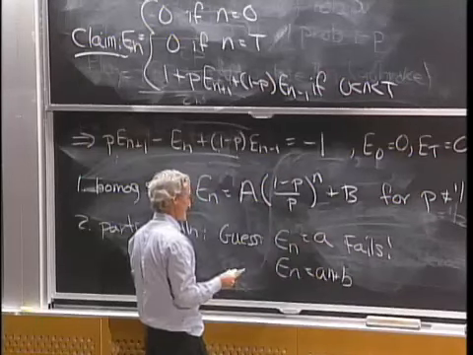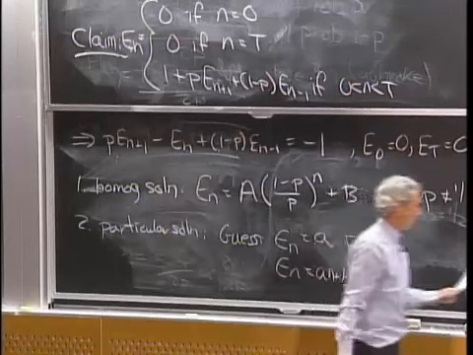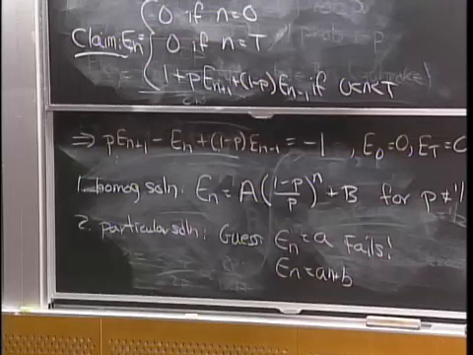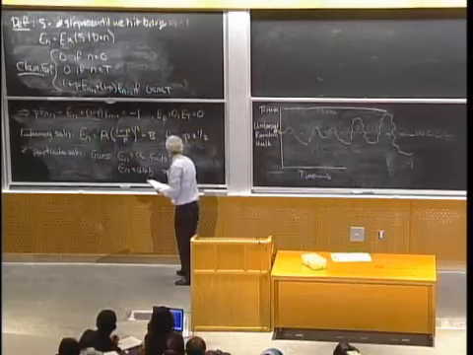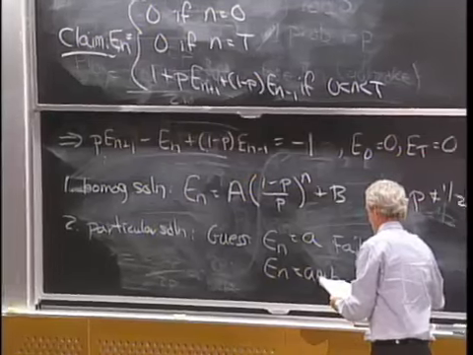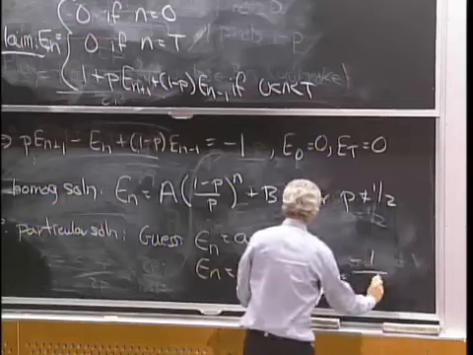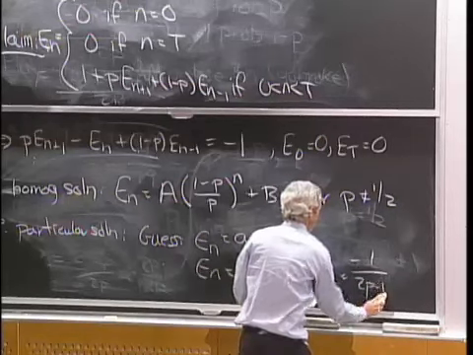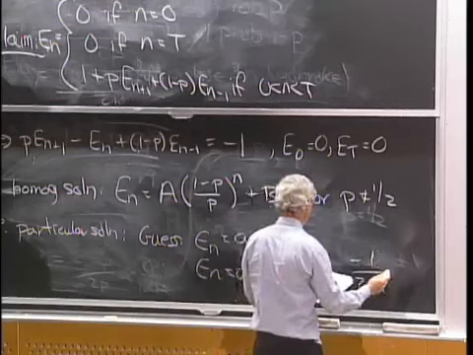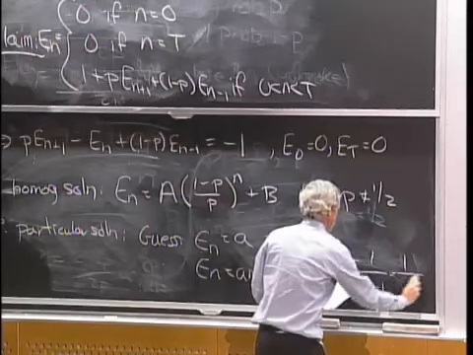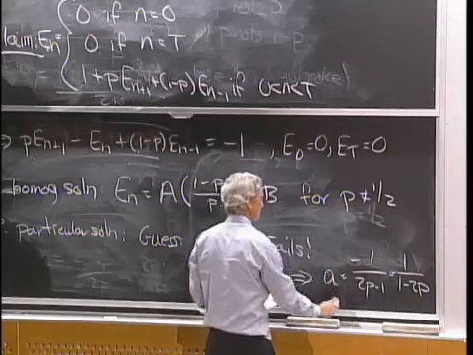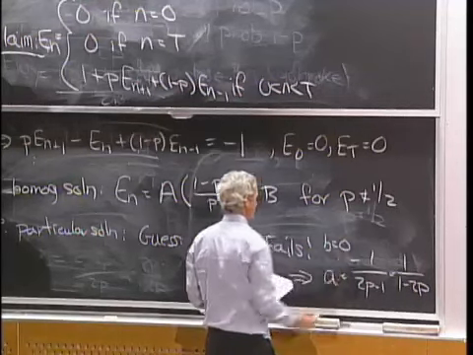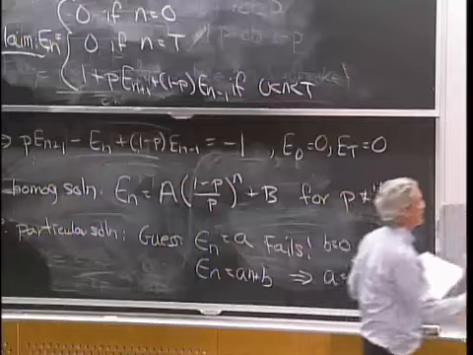All right, and I don't think I'll drag you through all the algebra for that, but it works. And when you do it, you find that a is minus 1 over 2p minus 1. And b could be anything, so let me just rewrite this as 1 over 1 minus 2p. And b can be anything, so we'll set b equal to 0. All right, so we've got our particular solution.